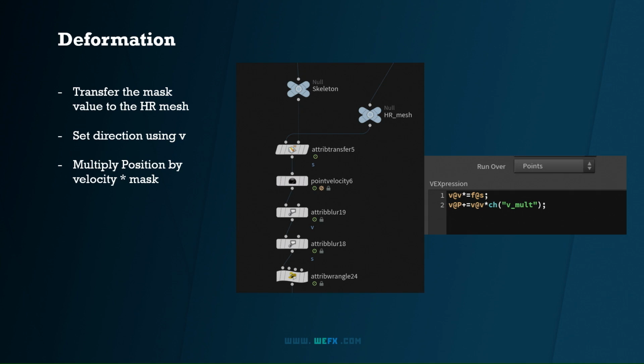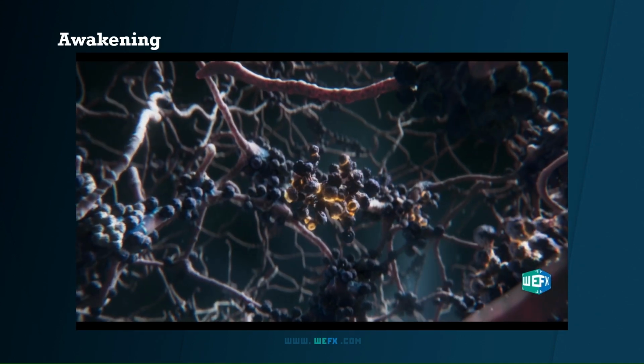Once we have the velocities and also the mask, we just multiply the current position by the velocity where the mask is active. So that's how we're actually pushing things around. And you can see how it looked in the end.